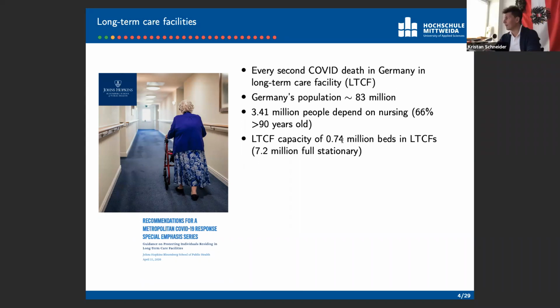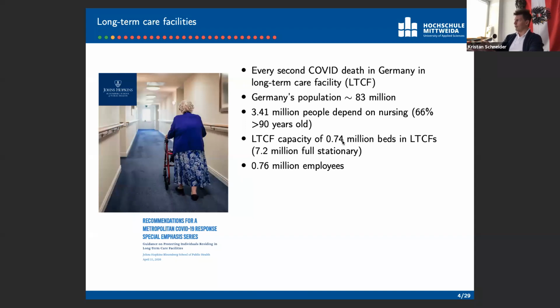And long-term care facilities in Germany have a higher capacity, but about 700,000 filled beds, 0.72 million fully stationary.